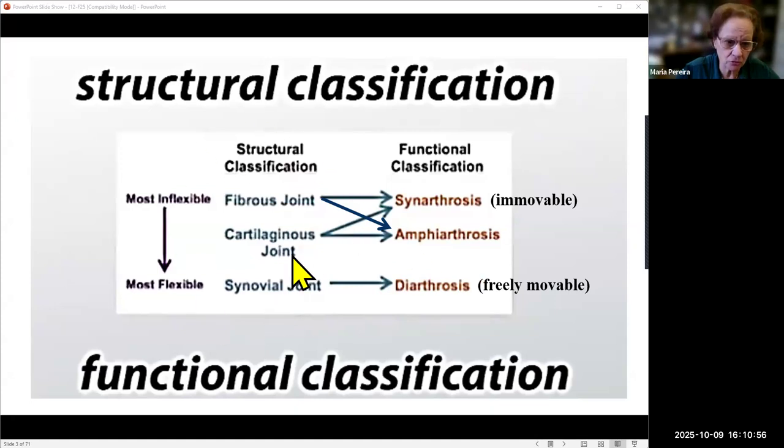So this is the structural classification. Then the function is based on what type of movement, because after all, an articulation, if you think about it, is where the bones meet, but do these bones move upon each other or are they stationary?